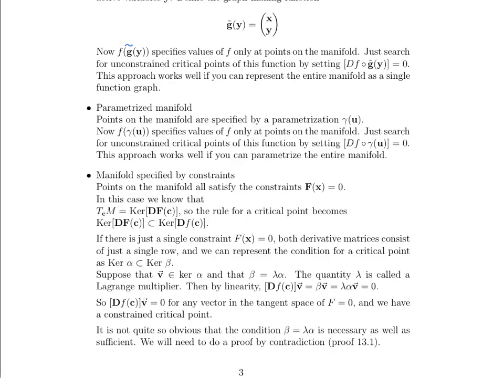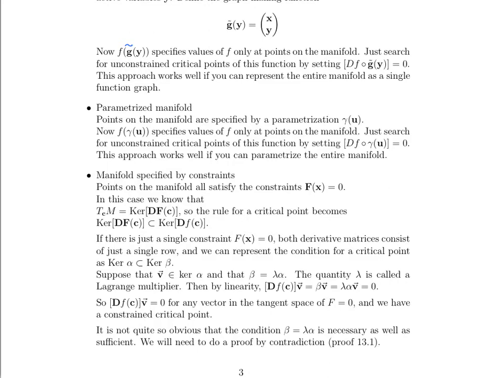So the rule for a critical point, because the tangent space at a critical point is in the kernel of d little f, the function that you're trying to optimize, is that the kernel of d big F, where big F is the locus function, is in the kernel of d little f, where f is the function you're trying to optimize.